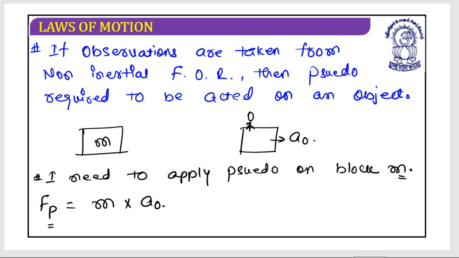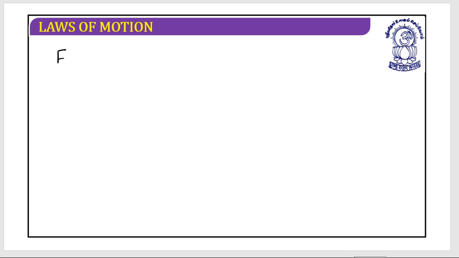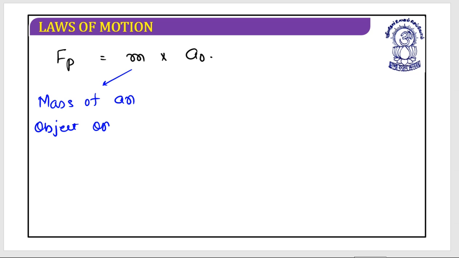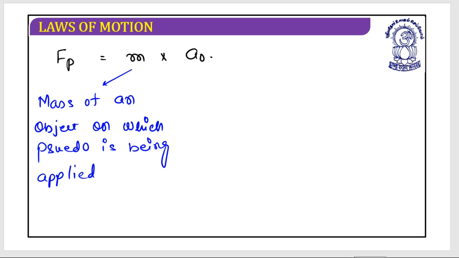Look at this very carefully and understand this very carefully. This F P is equal to m into a naught. This m should be the mass of an object on which pseudo force is being applied. Do remember this.